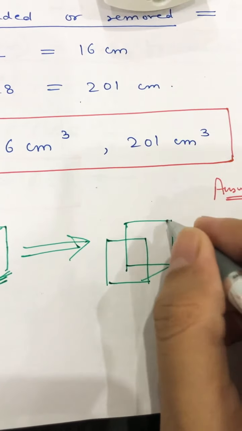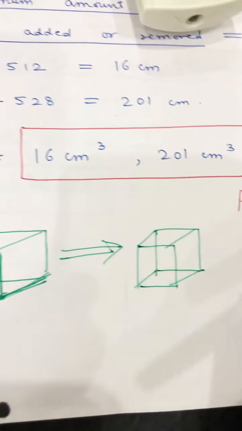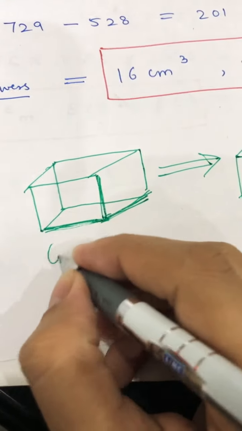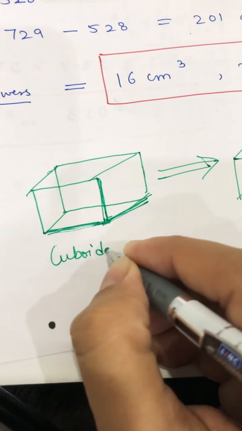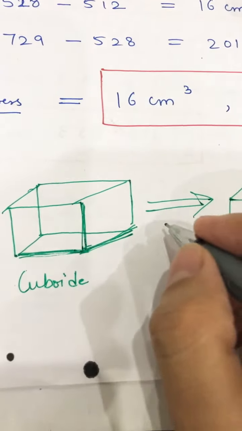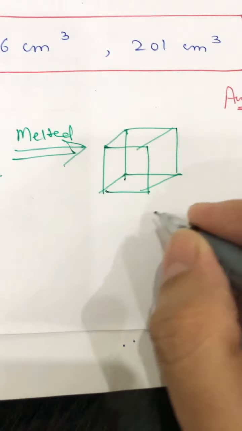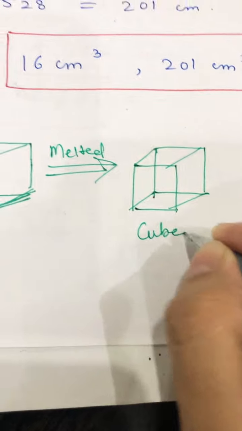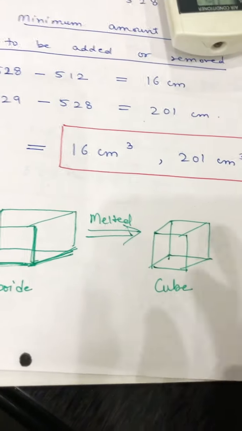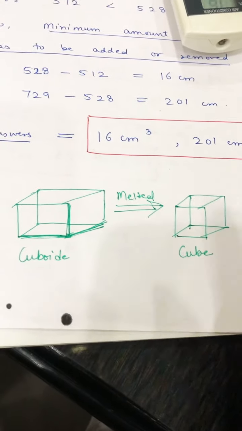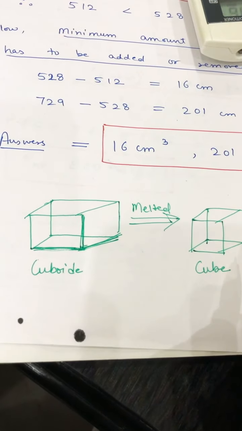So now they are saying that when this cuboid is melted into a cube, now tell me how much metal has to be added or has to be removed.